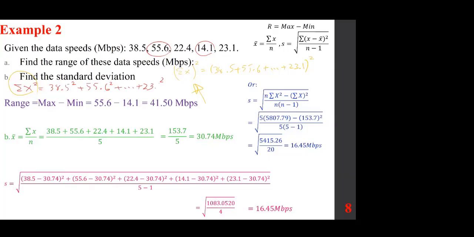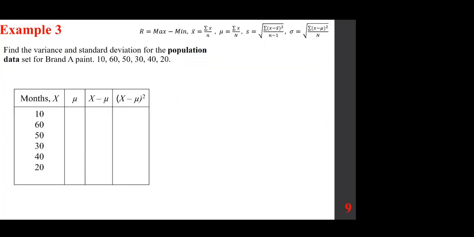We're going to get another example. You want to find the variance and standard deviation, and it's telling us we are dealing with the population. Let's assume it's the population. Therefore, we are going to use sigma and mu. So first thing first, you need to calculate the mu. Add them up, divide by size, and we get 35.